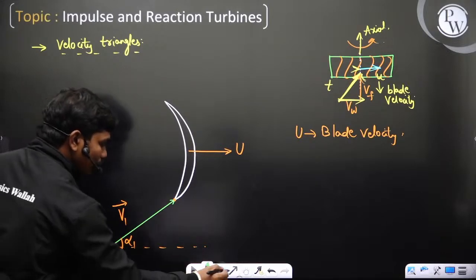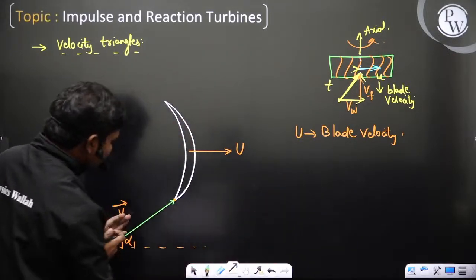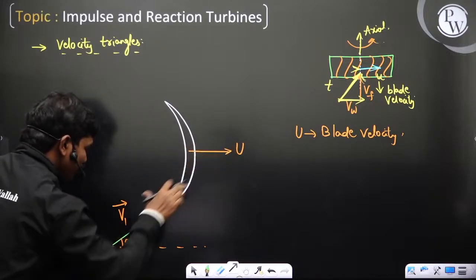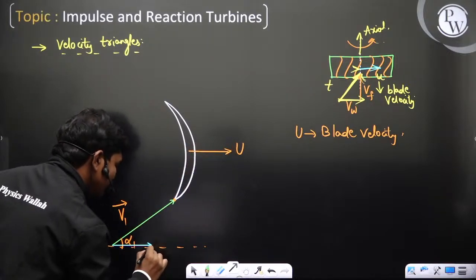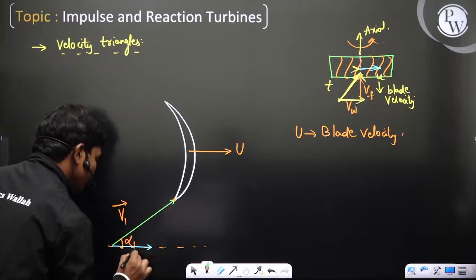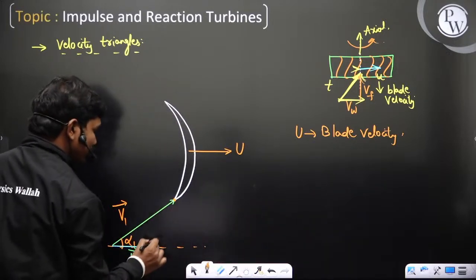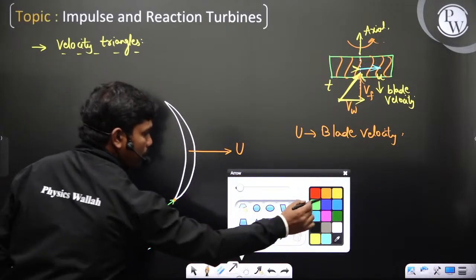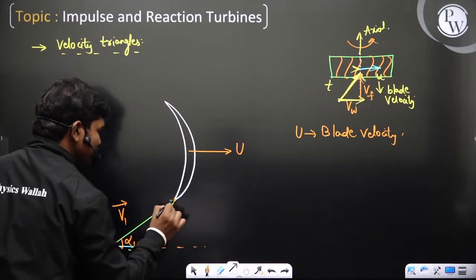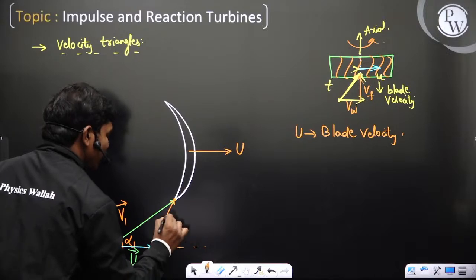So what we do is use relative velocity triangles. When the fluid is traveling in this direction, if you bring u here, this is the blade velocity u. Then the relative velocity between these two is given by this. So this is VR1, which is relative.